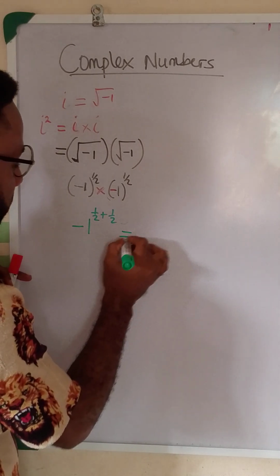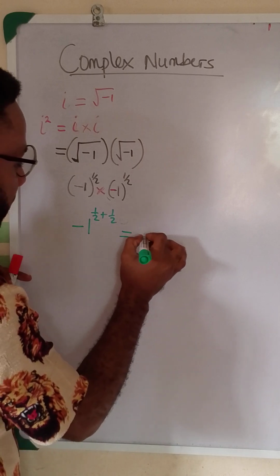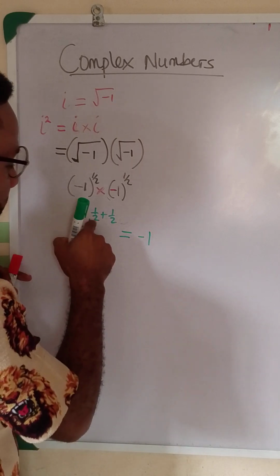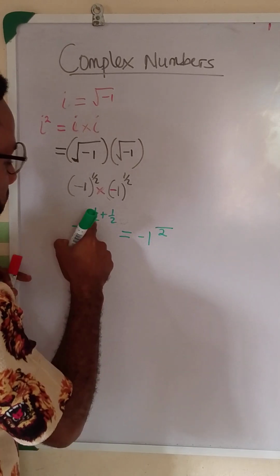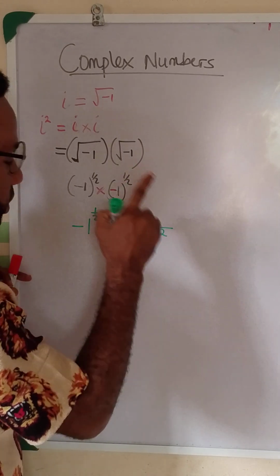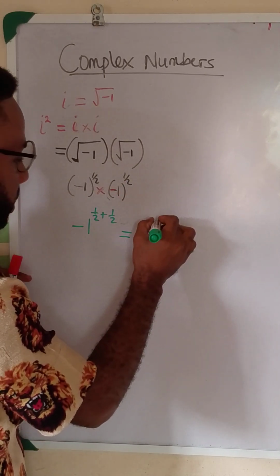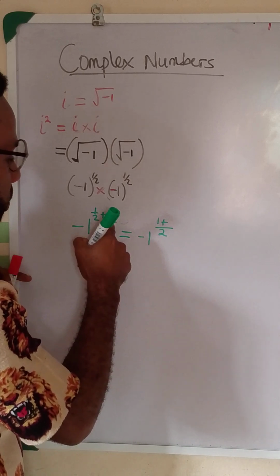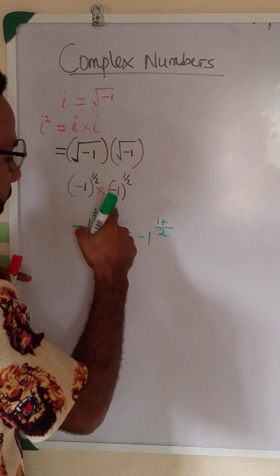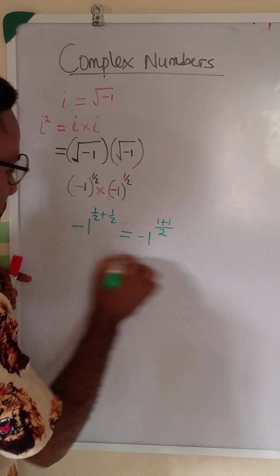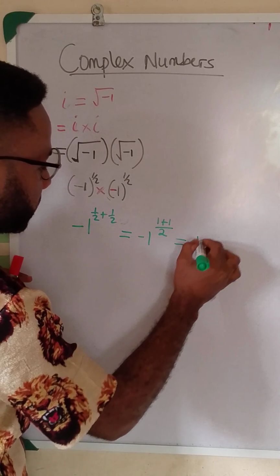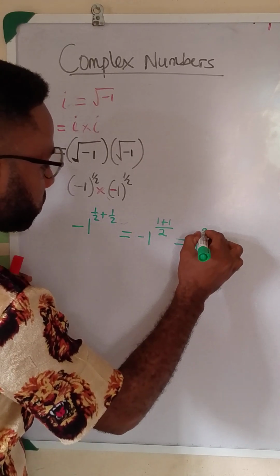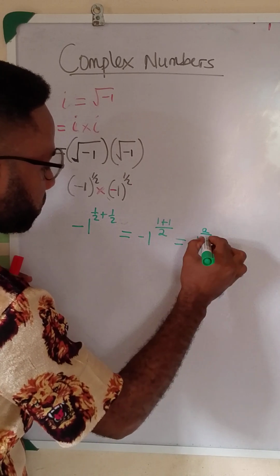The LCM of 2 and 2 is 2, so we have 1 plus 1, which is 2, all over 2.